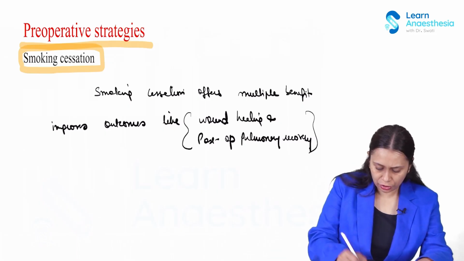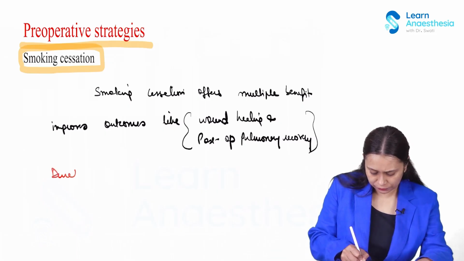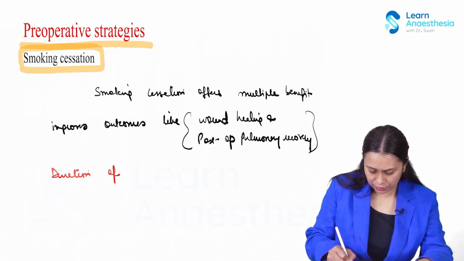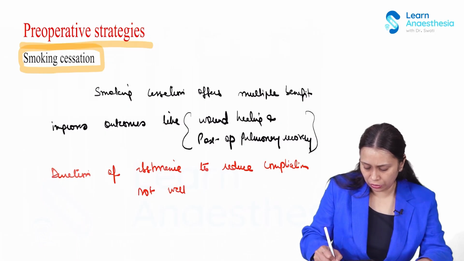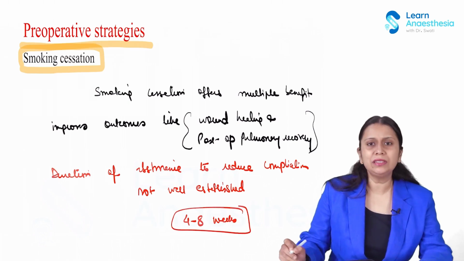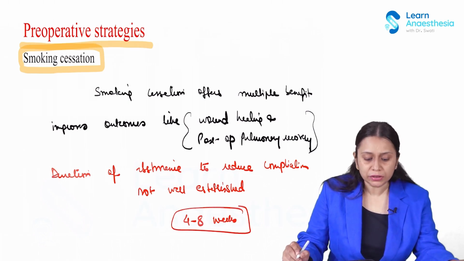So the duration of abstinence to reduce complication is not well established. So it is not clear cut. What is suggested is that 4 to 8 weeks is preferred. Now this is also a bit controversial.